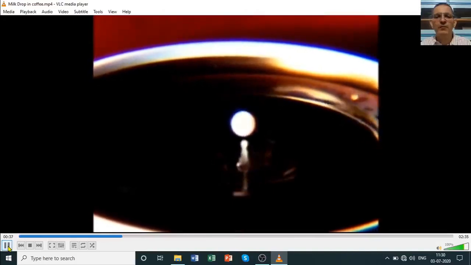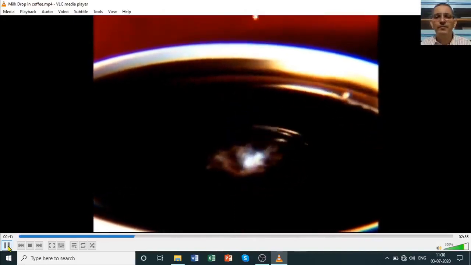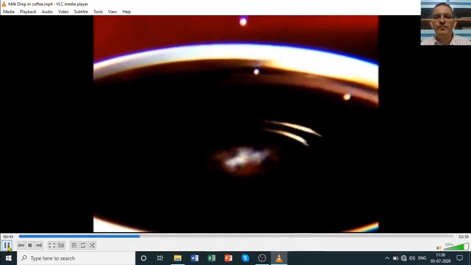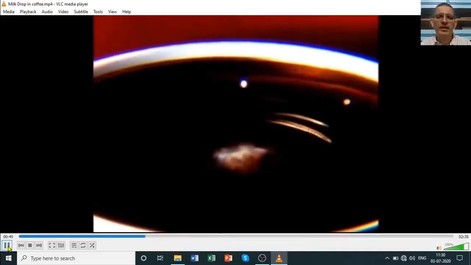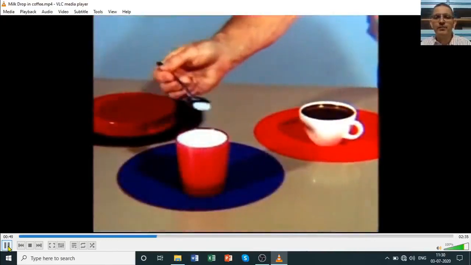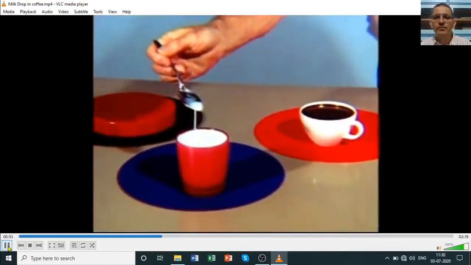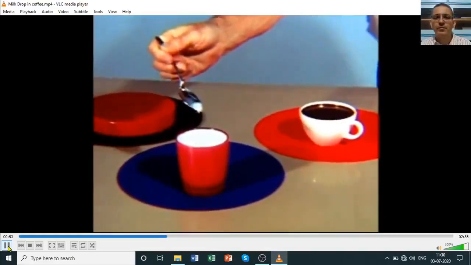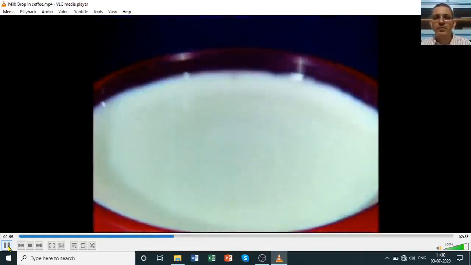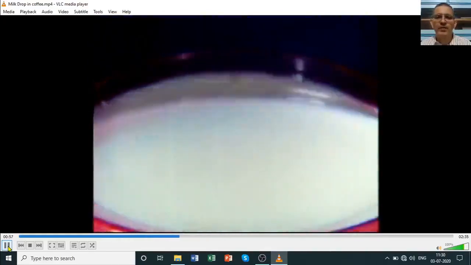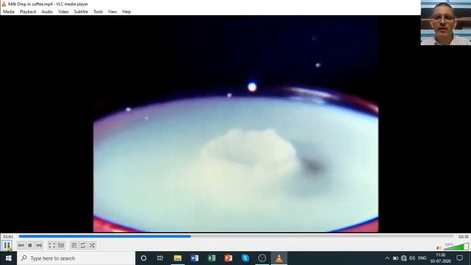Just a simple action of dropping one drop of milk in a cup of coffee. All these satellite drops are now falling down. The same thing happens if a milk drop is dropped on a bowl of milk.